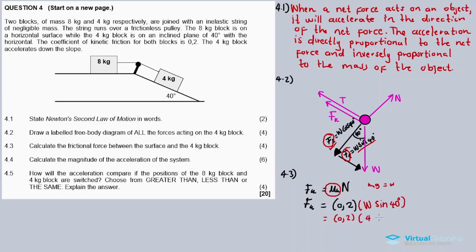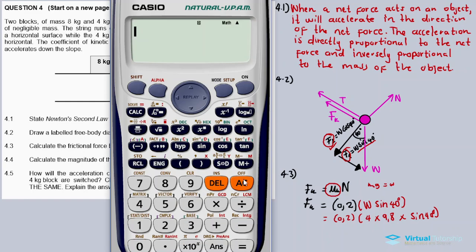It's 4 times the gravitational acceleration g times sine 40 degrees. Now I enter it on the calculator: 0.2 times 4 times 9.8 times sine 40 degrees. This is equal to 5.04.